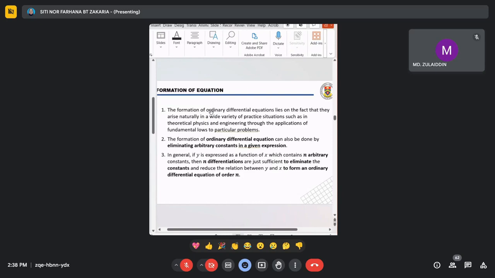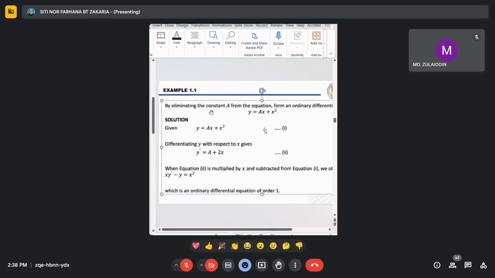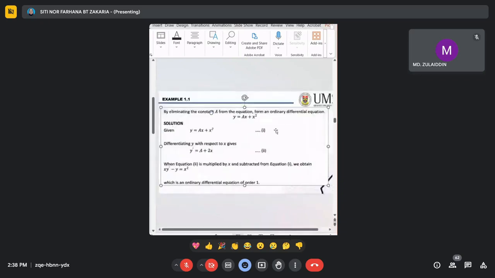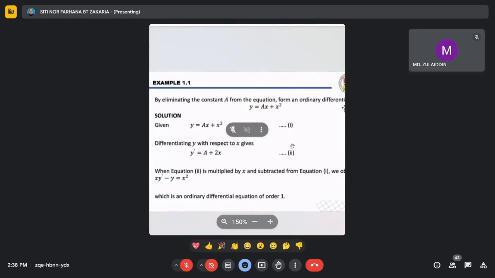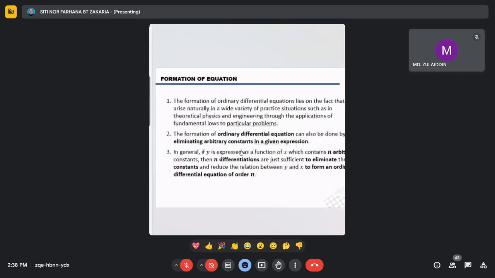For example, in this example 1.1, you have this function. This is the given function, y equals ax plus x power of 2. And then they ask you to form an ordinary differential equation, to form DE. So, as mentioned in this slide, you need to eliminate the arbitrary constant.